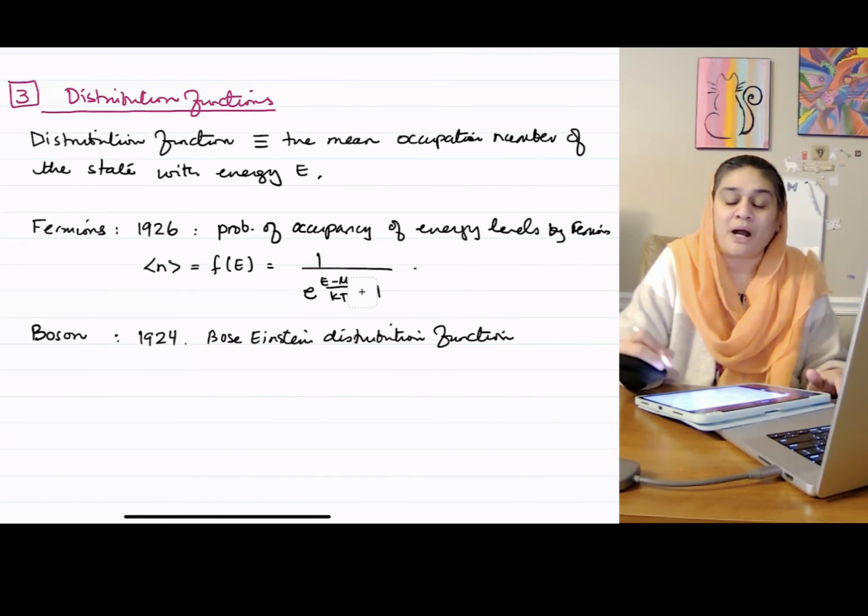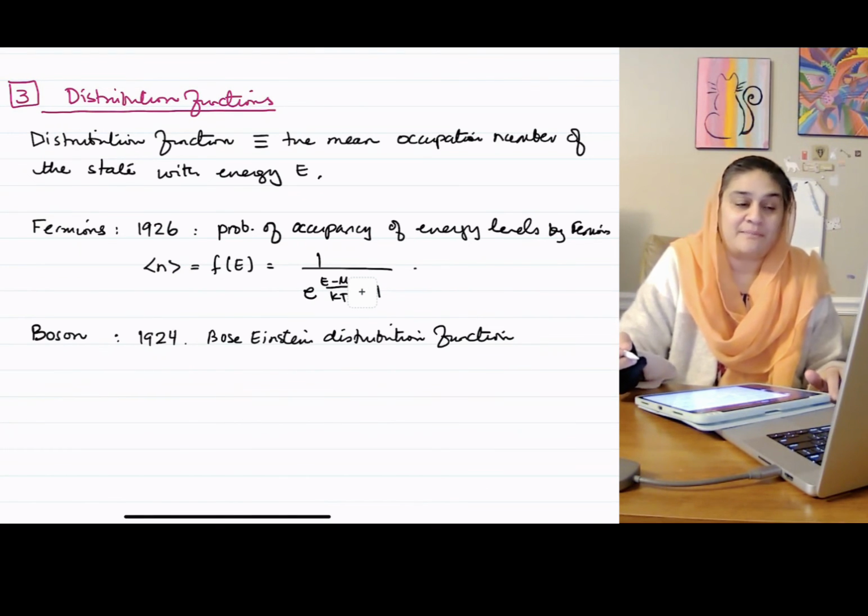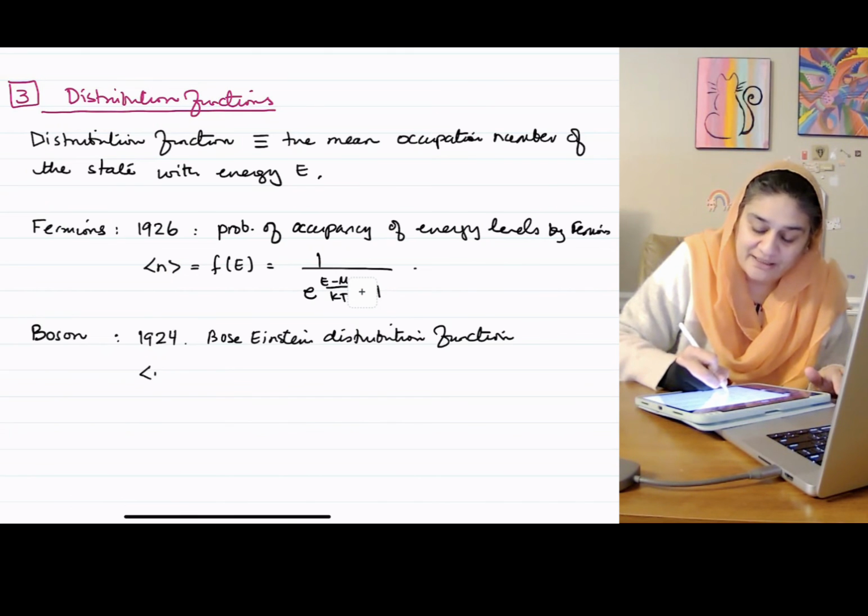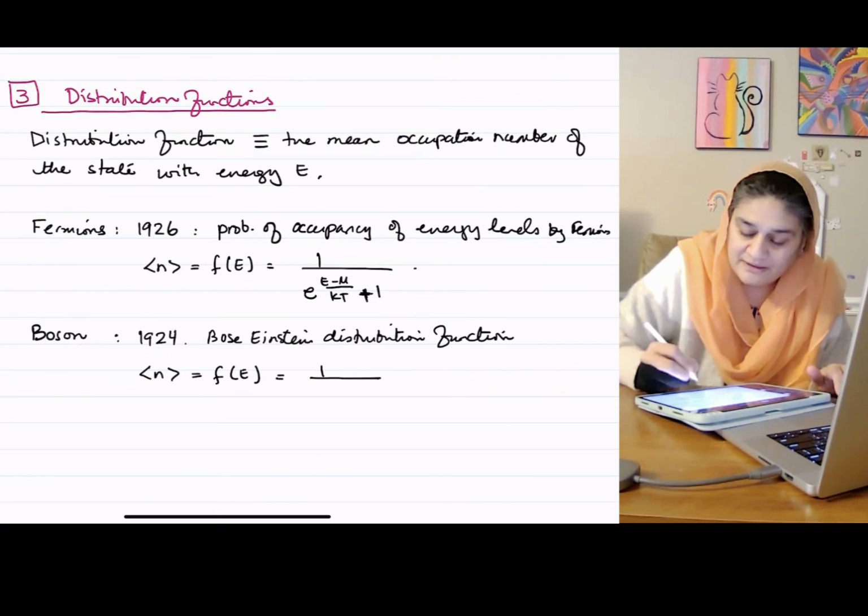And it gives the probability of occupancy of energy levels by bosons. And mathematically, it is again given as n_f as a function of E, and this is just going to be 1 over e to the power (E minus mu) over kT, minus 1.